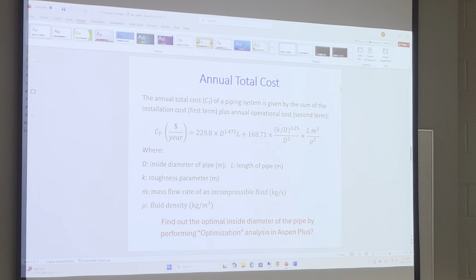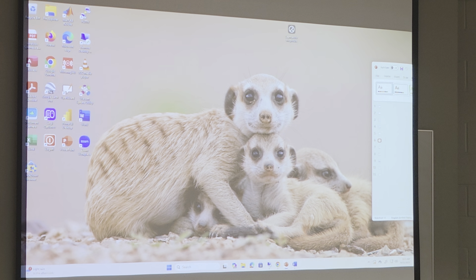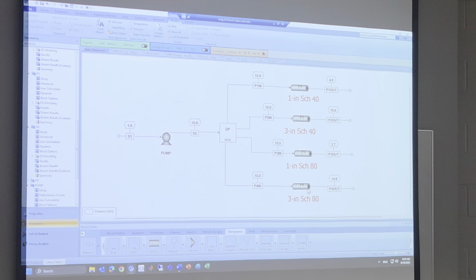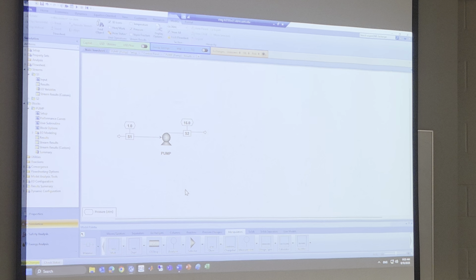So please look at this information. We will use the information. It says use optimization analysis available in Aspen to solve the question. So let me delete all of this. Okay, we are working on pressure changers.